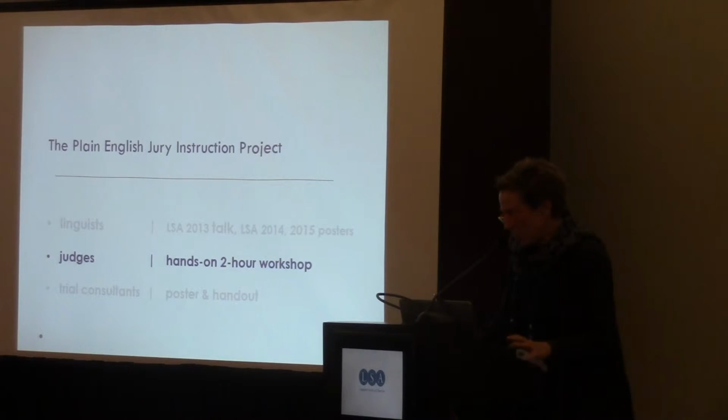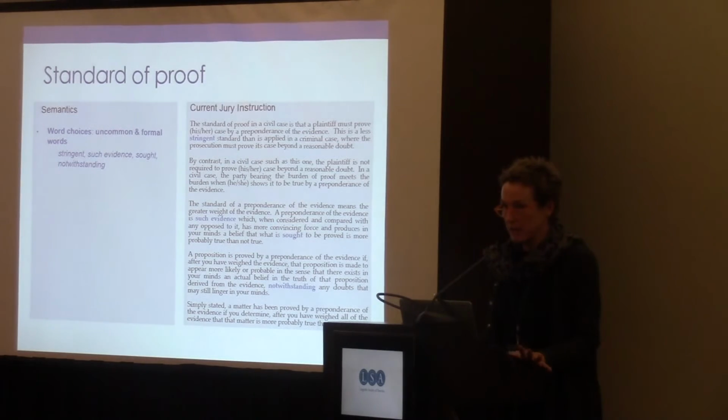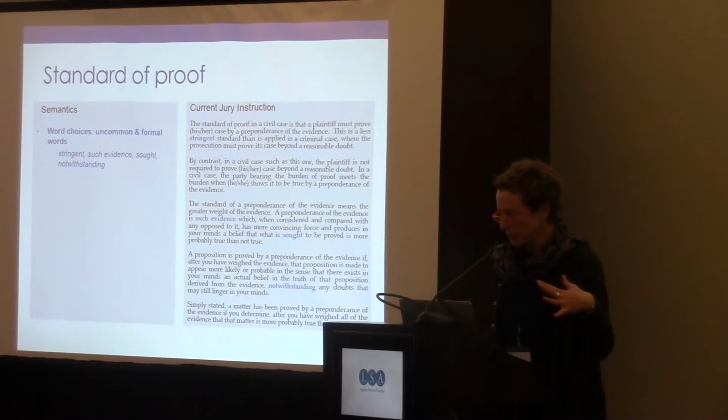So what we did is, we took one of those two difficult instructions I told you about, number 3 and number 6, and we showed them all the things that made this difficult. This is number 3, standard of proof. We had like 6 semantic things that made it difficult, and 5 or 6 syntactic things. I'm just going to show you a couple of those.